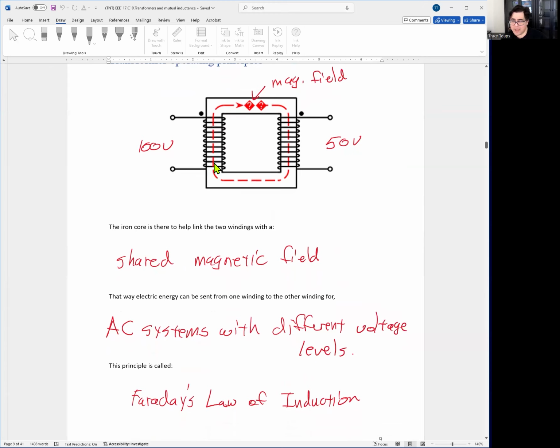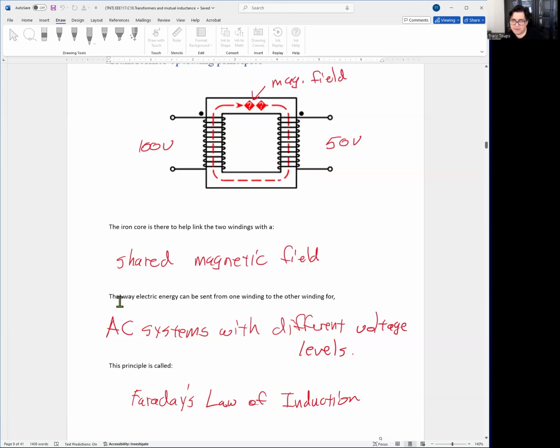The magnetic field will physically travel through the core to the secondary winding, and then another voltage will be induced, and then there'll be a load right here, and then you'll be able to power that load. So remember, the iron core is there to help link up the shared magnetic fields between the two coils.